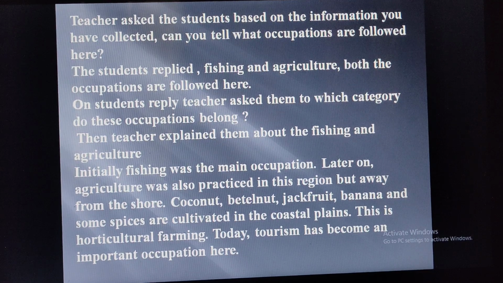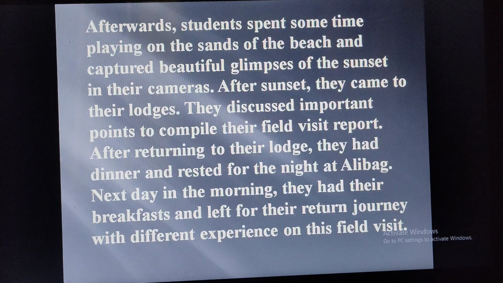But later on, agriculture was also practiced in this region, away from the shore area. Coconut, betel nut, jackfruit, banana and some spices are cultivated in the coastal plains. This is called horticultural farming. And today, tourism has also become an important occupation in this area.